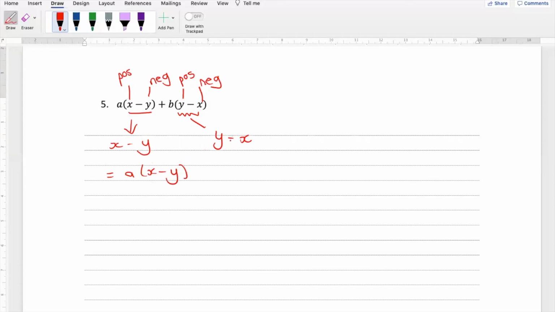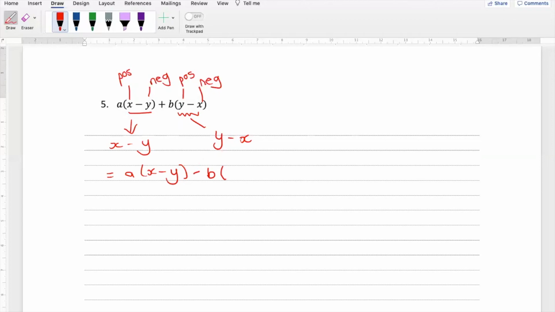And now if I wanted to make this a positive x instead of a negative x, I think that the best thing to do would be to multiply by a negative 1. Or if I wanted to change this positive y to a negative y, I could multiply by a negative 1. I'm going to take whatever's in the front here and multiply it by negative 1. It's going to be negative b or negative 1b.